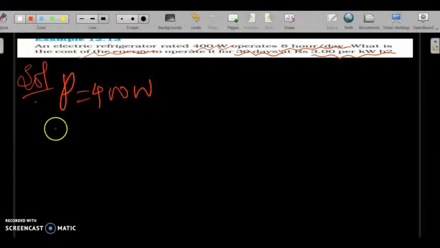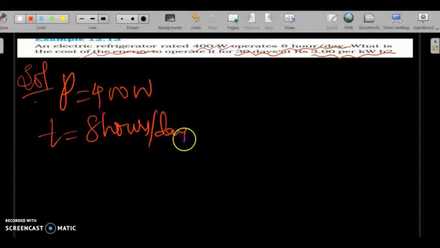And next, the usage time, the number of hours of usage, that is 8 hours per day. Let me just take it as H here for convenience sake. I'll tell you why.